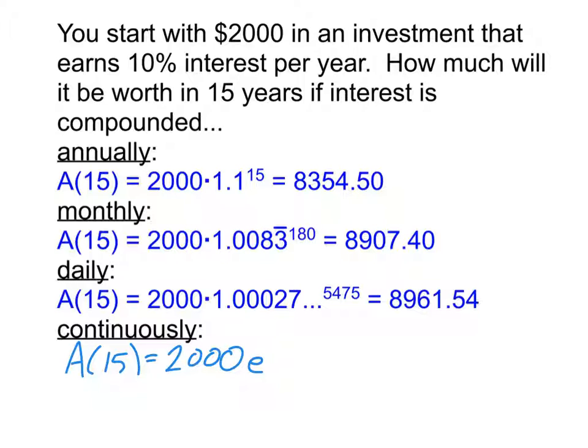Remember, e is a number here, just like pi. But we don't want to write the whole thing down because we can't write the whole thing, so we just write e, to the power of rt. R is also the same thing as what we've been using all along. So I take my percent and turn it into a decimal. So 10% as a decimal is 0.1 times t. And t in this case is 15 years.